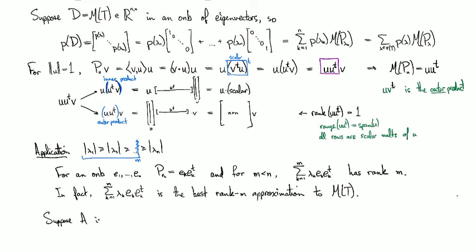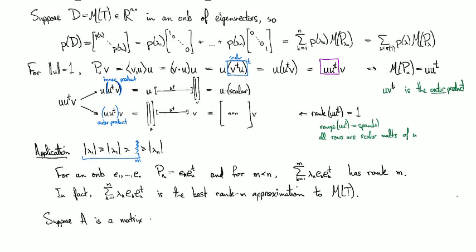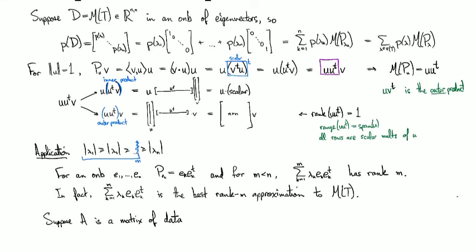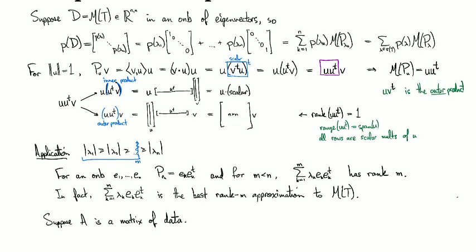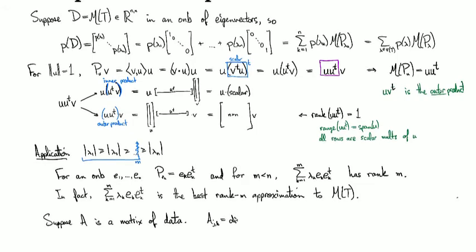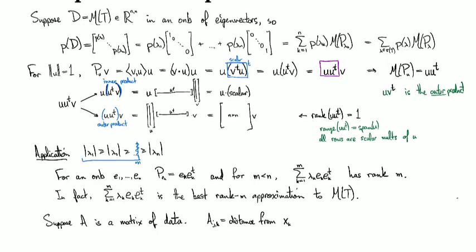So suppose A is a matrix of just data. For example, suppose A_JK is the distance from point xk to point xj, right?